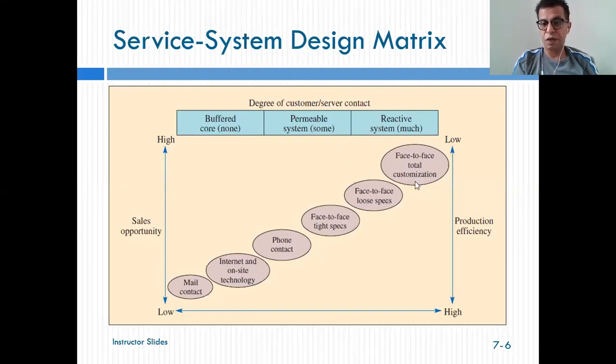So face-to-face total customization usually happens in the hospital, with a doctor, dentist or a lawyer, where you have to provide more services, and that's where you charge more, but the production efficiency goes kind of low, though there is a chance of making more sales during that part of the interaction.